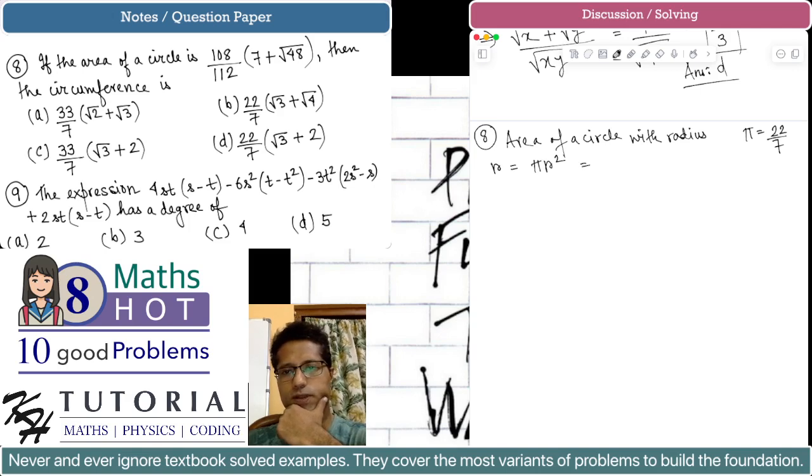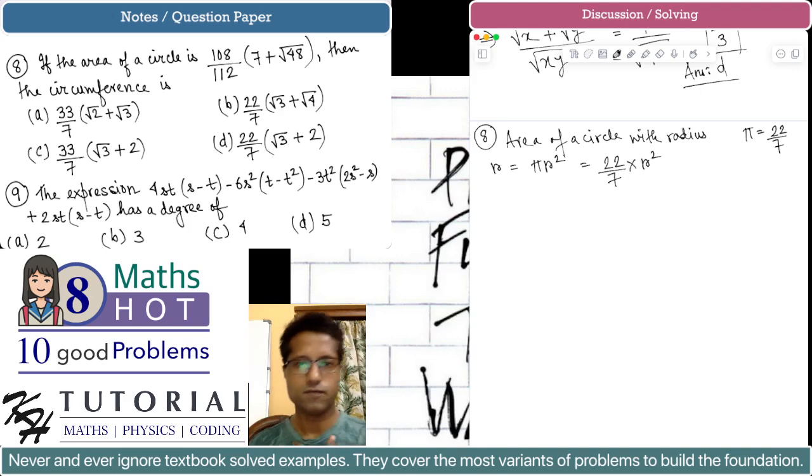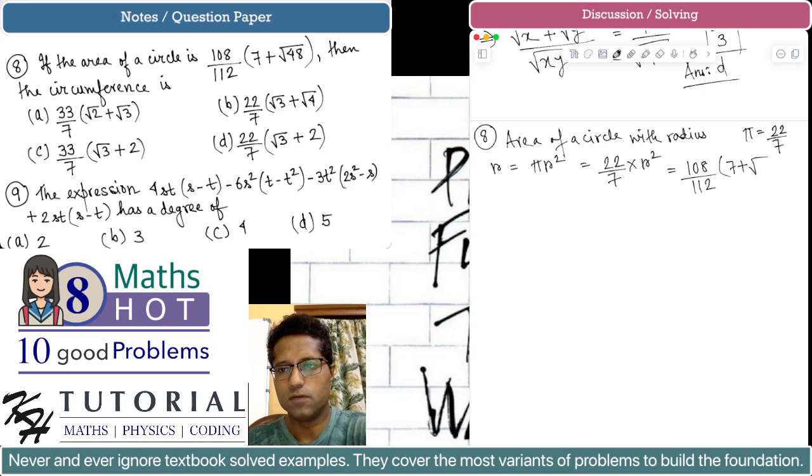That is 22 by 7 multiplied by r square. So the area of a circle is given, so if we consider the radius to be r, we are having 22 by 7 r square. So this we can consider as 108 by 112 multiplied by 7 plus square root of 48.